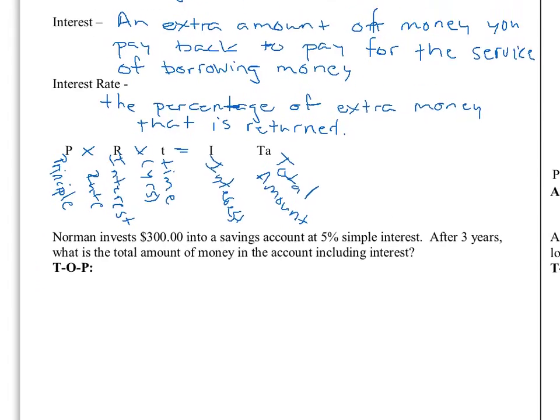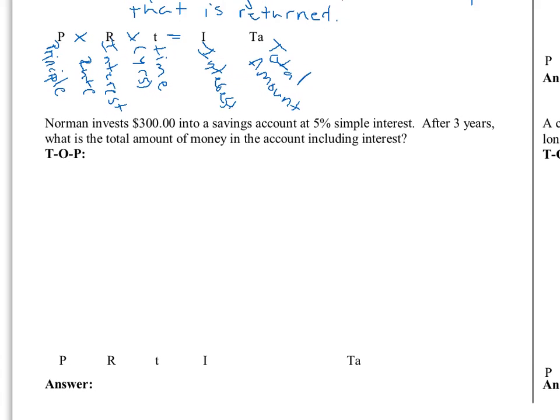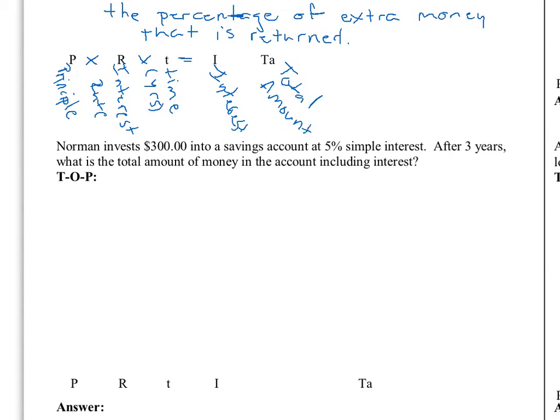All right, so let's look at an example. Norman invests $300 into a savings account at 5% simple interest. After 3 years, what is the total amount of money in the account, including the interest? So, this type of money is a simple interest problem. Again, focus on that you do need to write simple interest because there are different ways of calculating interest that we will talk about later that are not as simple.